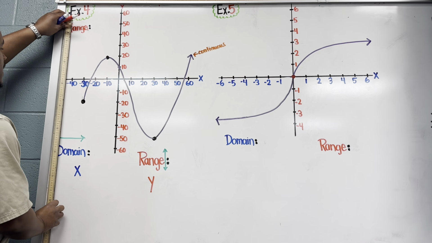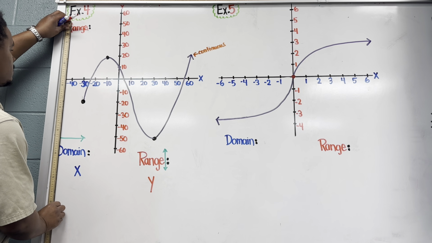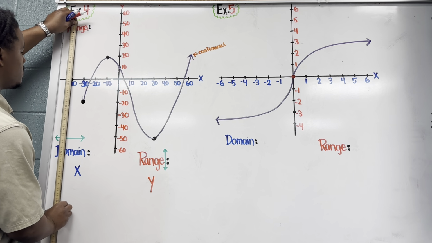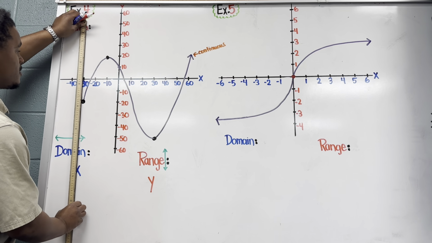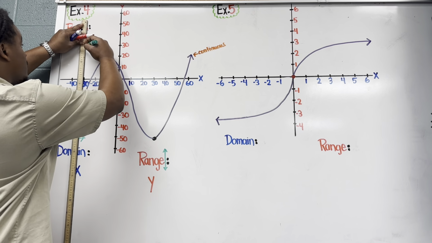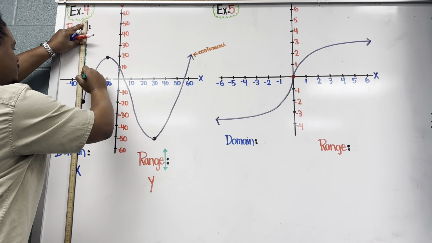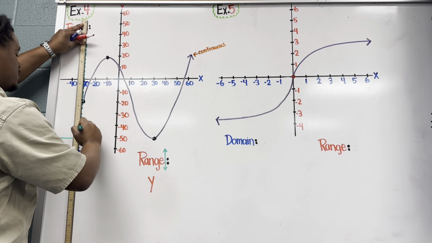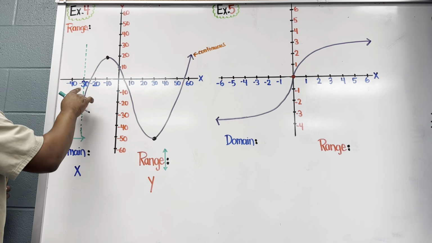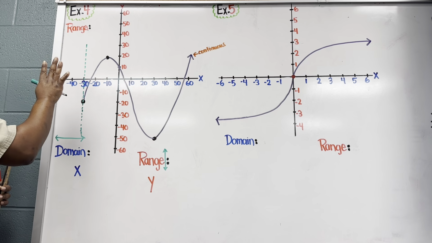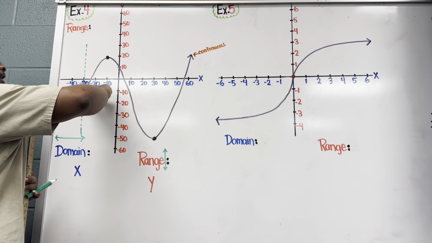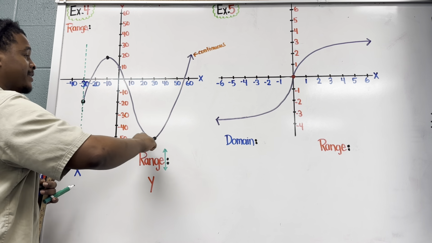So I'm going to figure out, guys, what is the least x value x could possibly be within this function. As I move it over, guys, I have to stop at -30. X is -30. So I'm going to draw a boundary right here to show you that, guys. It's showing that x could actually equal -30, but it can also be all of these values that are greater than -30.